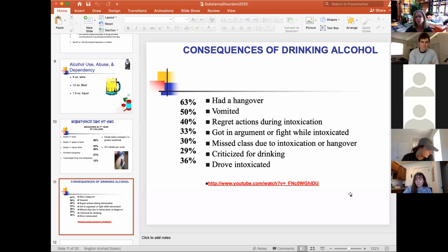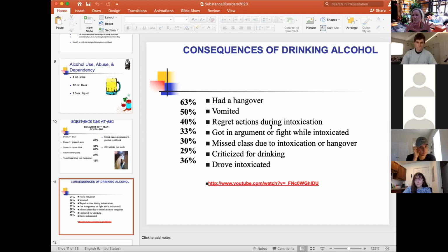And vomiting is your body trying to get rid of the alcohol to protect you from getting alcohol poisoning. 40% of students regretted their actions during intoxication. 33% got in an argument or a fight. 30% missed class due to intoxication or hangover. 29% had been criticized for their drinking. And this is scary: 36% drove intoxicated.